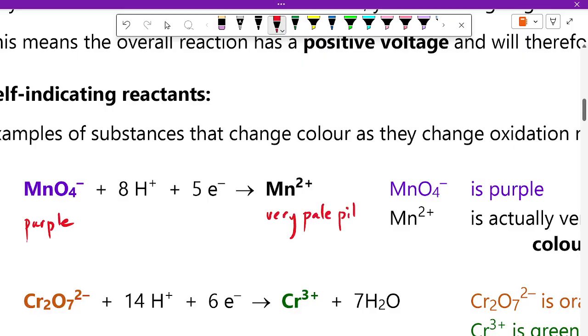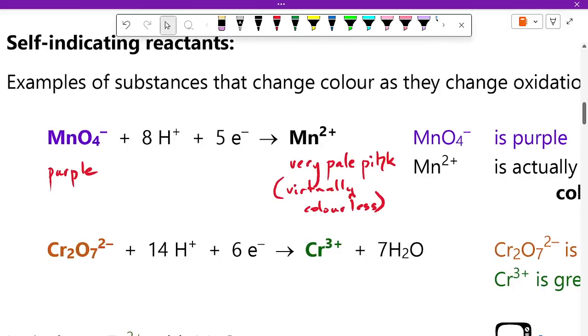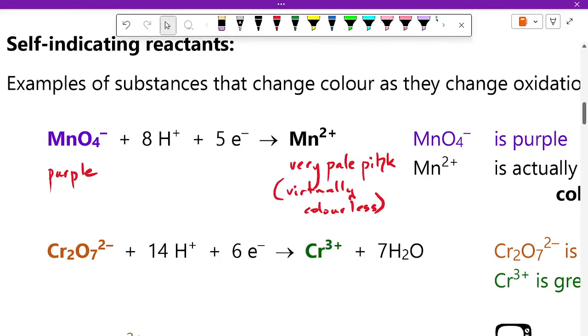In fact, it is so pale that it is virtually colorless. So if you make that one of your reactants, it will actually self-indicate. And we'll take a look at an example of that in a moment where we react it with some iron, okay?